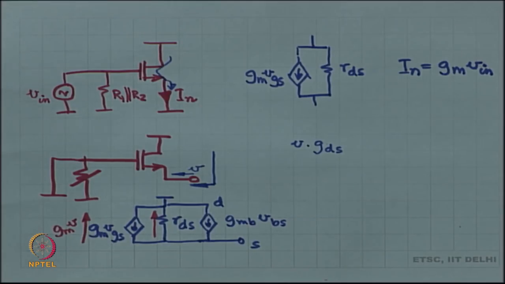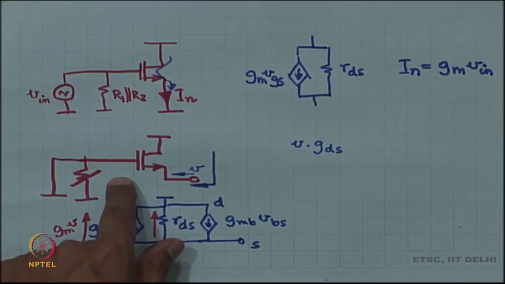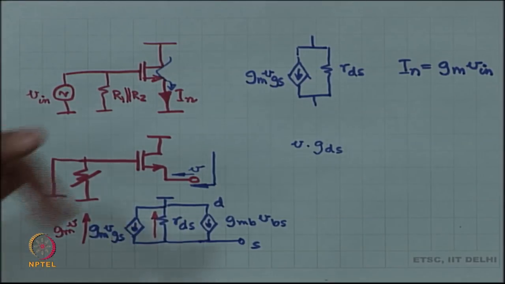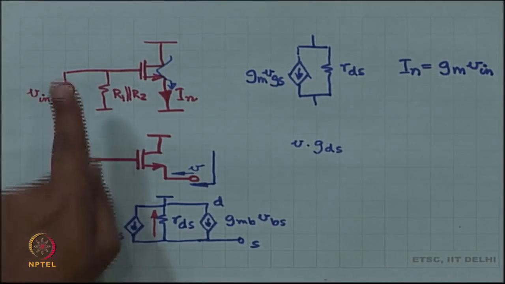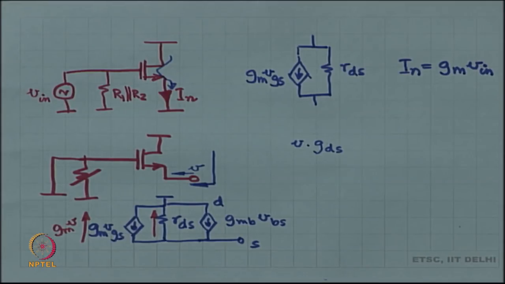So, all that you can think is that the current source direction flips, which means that GM times V current is now going upwards as opposed to GM VGS going downwards.